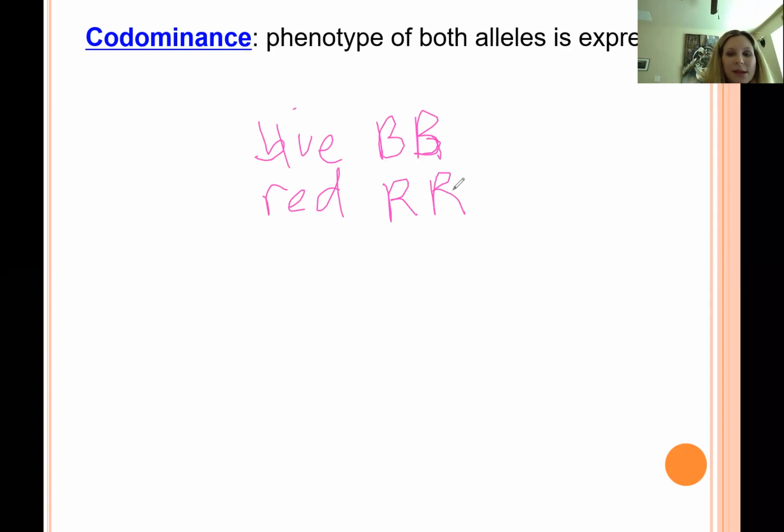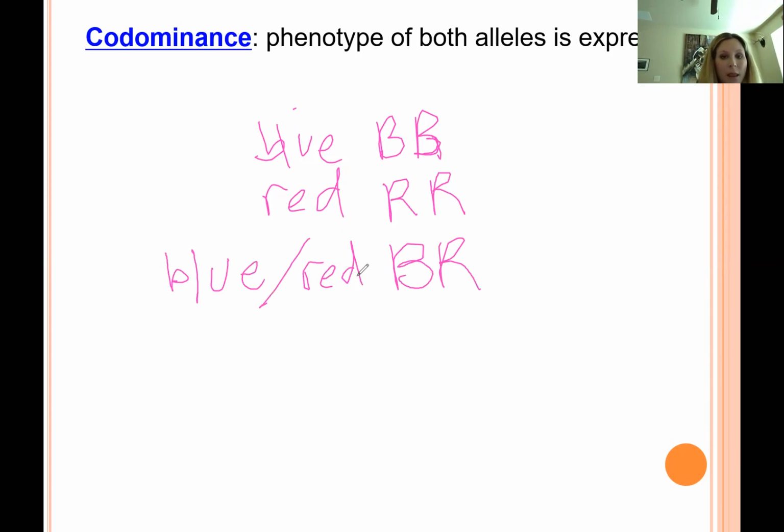What happens if they inherit 1 B and 1 R, and it's co-dominance? It says, when a fish has a hybrid genotype, it has a patchwork of blue and red scales. So instead of it being some kind of crazy in-between color, you see a speckled patchwork of blue and red. Okay. So the question says, what is the genotype for blue?